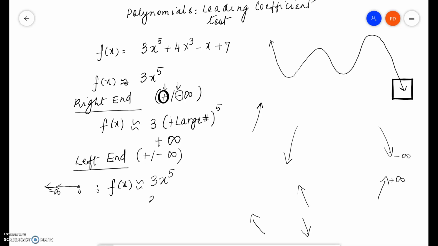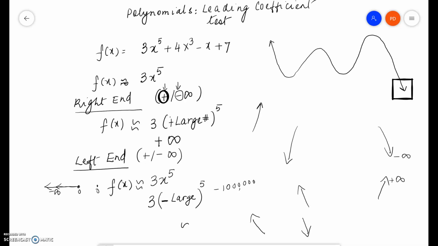So I think about it. So I'm looking at the left end now. So the number is going to be negative, and I'm looking at a negative large number, right? Like a negative 1 million. Okay, so something large and with a negative sign raised to the 5th power.